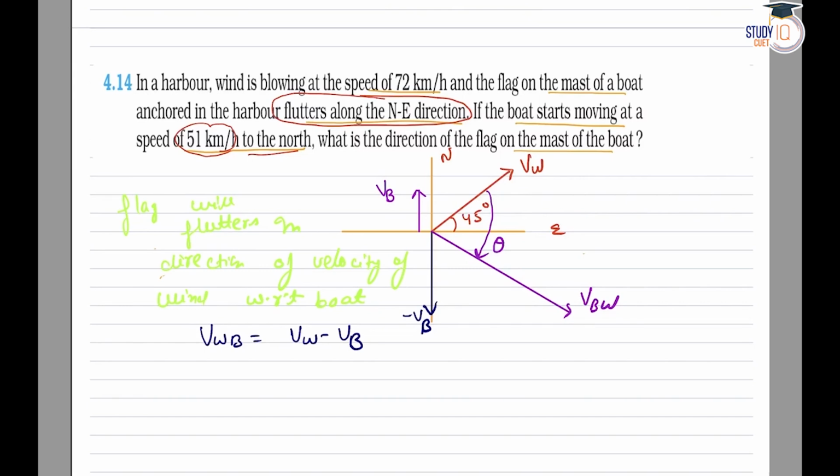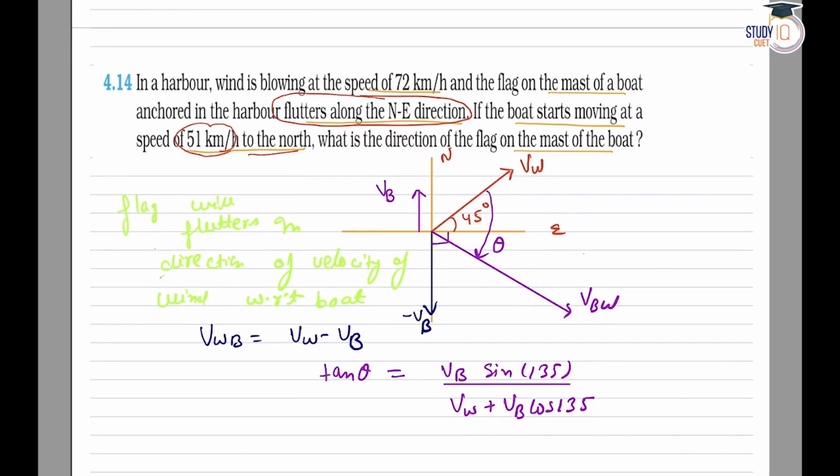By using the parallelogram law, we can find the value of theta as tan theta is equal to VB sine 135 divided by VW plus VB cos 135.